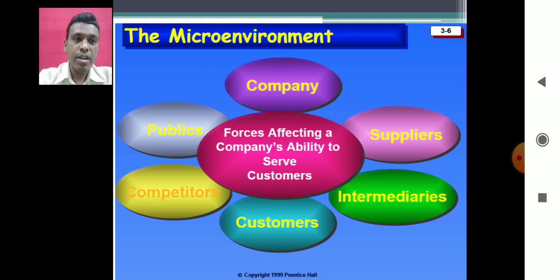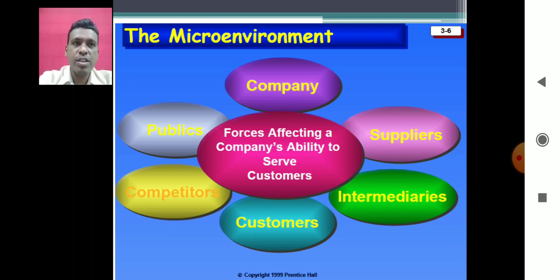The third thing to consider in the micro environment is intermediaries. Many organizations rely on marketing intermediaries to ensure that their products reach the final consumer. Marketing intermediaries help the company to promote, sell, and distribute its products to the final buyers.